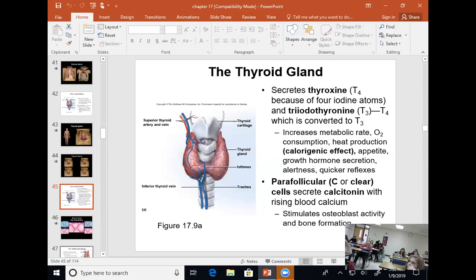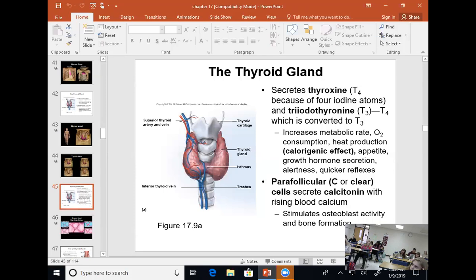Then T3 and T4 tell every cell in your body to ratchet up metabolism. Yes, Sarah. Yes, their functions are to increase metabolism. That's exactly right. Are you good with that? Now, am I going to ask you if it's follicular versus parafollicular cells that do it? No, I don't care that you know that. I just want you to know the hormones and what they're doing.